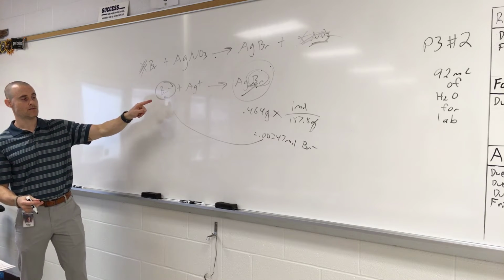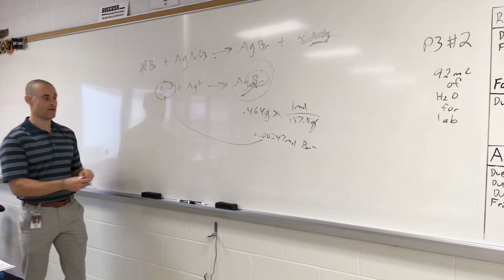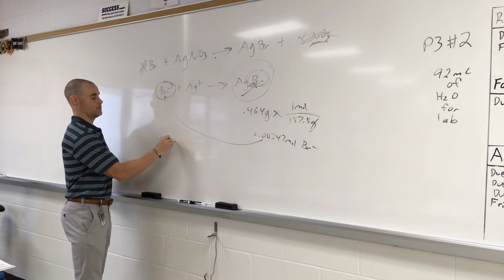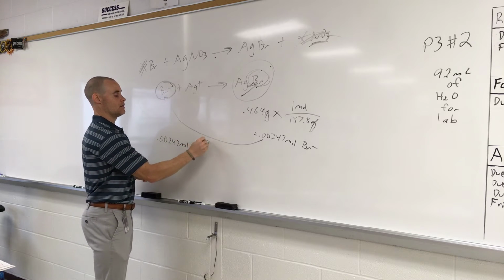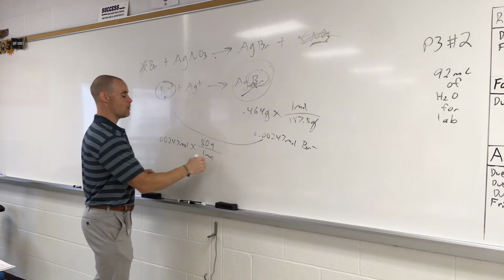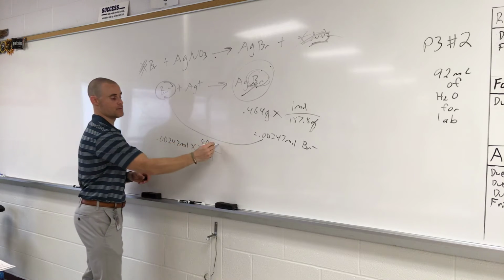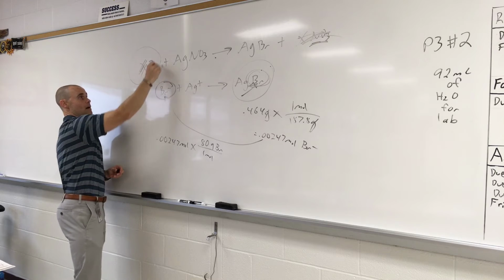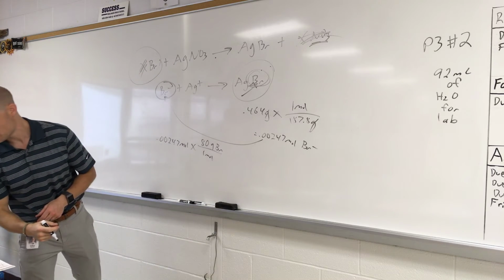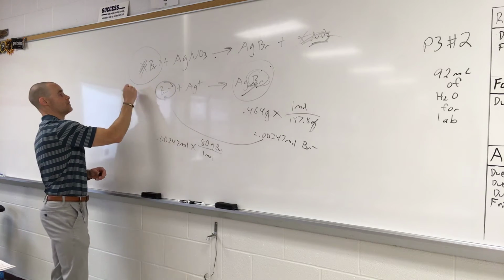Now, what do I do? Tristan, what do we do now? Right. So this is going to tell me grams of just the Br. So I know the whole mass of this, which is 0.250.